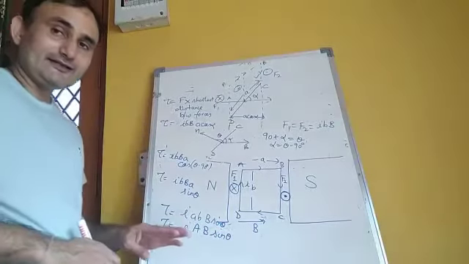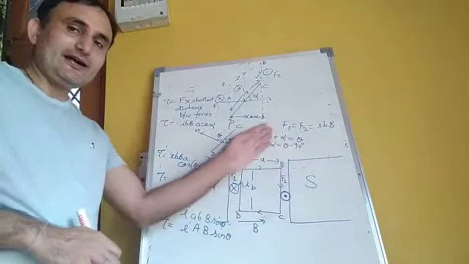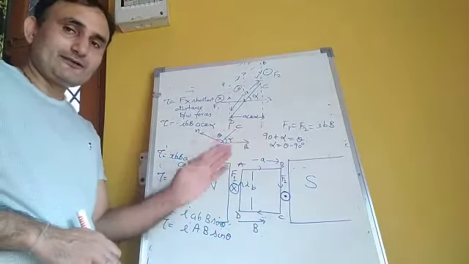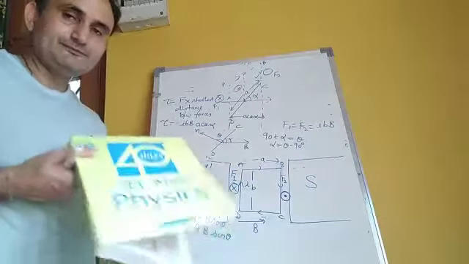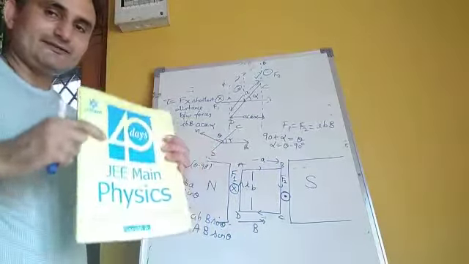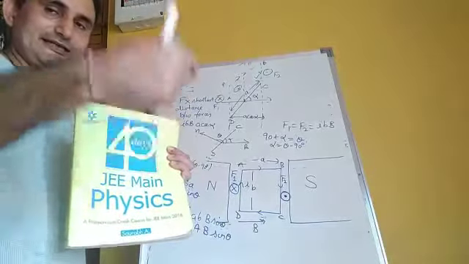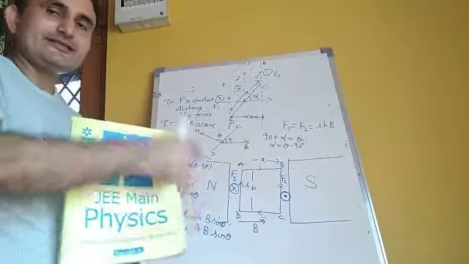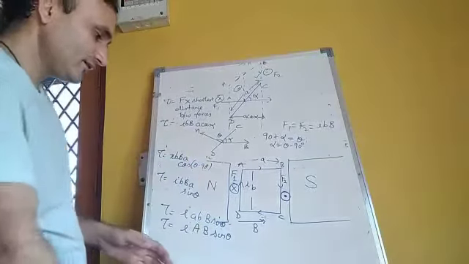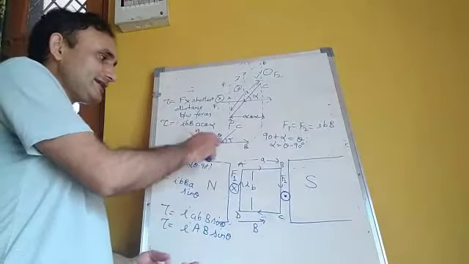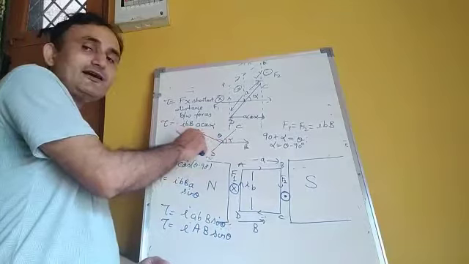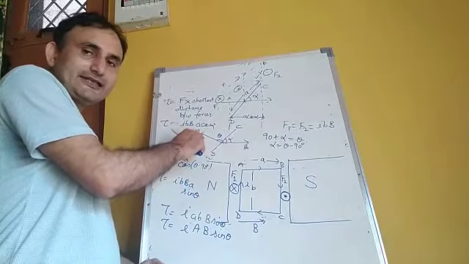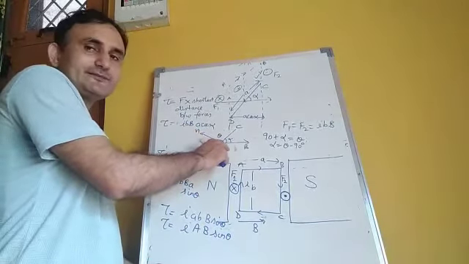I said that we call this area a vector. Why? This area has a normal, and the normal is considered its direction. So this area is a vector. And what is theta? Theta is the angle between the magnetic field and the normal. Normal is the direction of the area, and this is the magnetic field.